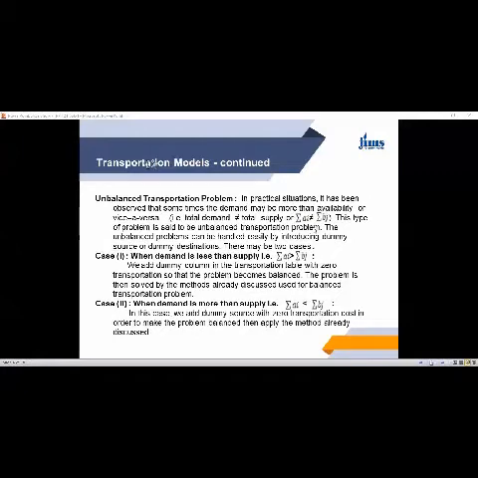Similarly, when demand is more than supply, that is sigma Ai is less than sigma Bj, in that case we have to add a dummy source, again with zero transportation cost, in order to make the problem balanced, and then we apply the normal transportation algorithm to solve the problem.